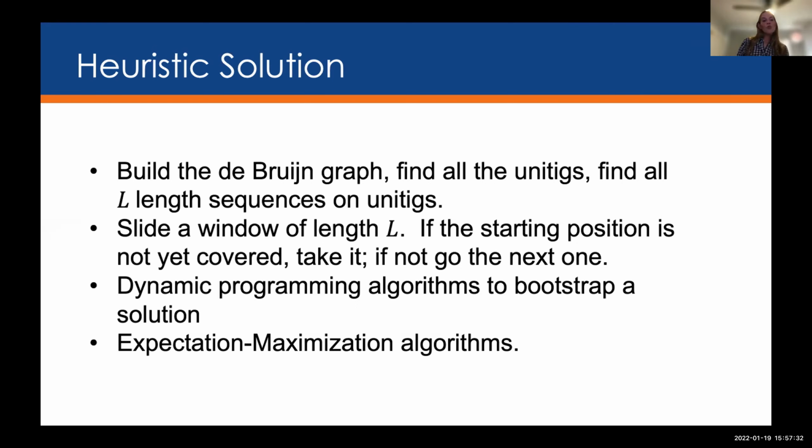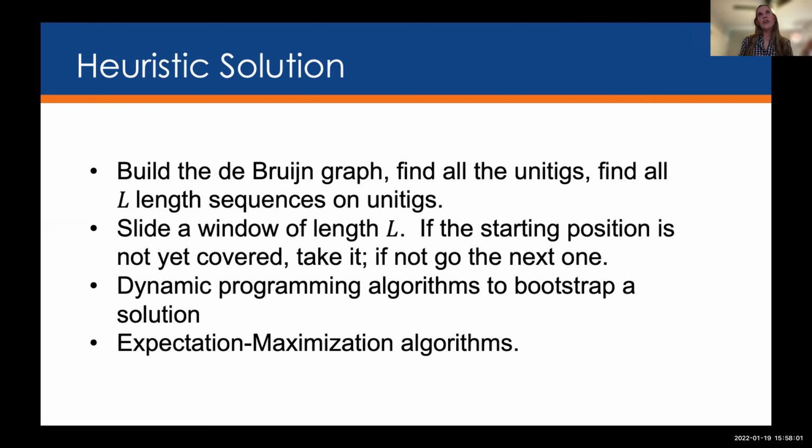The first one that we took a stab at was to build the De Bruijn graph, find all unitigs, and then attempt to find some set of L-length subsequences on the unitigs. Essentially, you're using the unitigs to break down the problem into a smaller input. Another possibility is a dynamic programming algorithm.